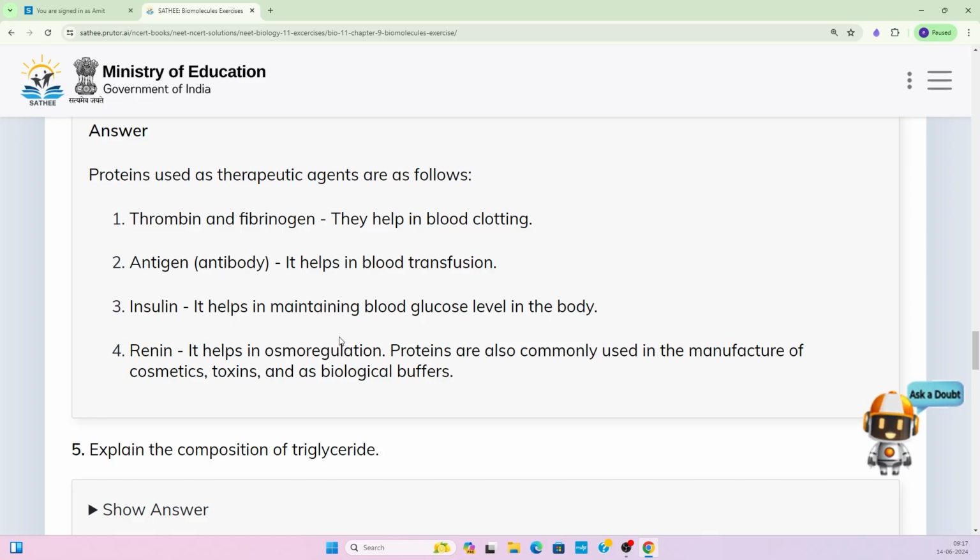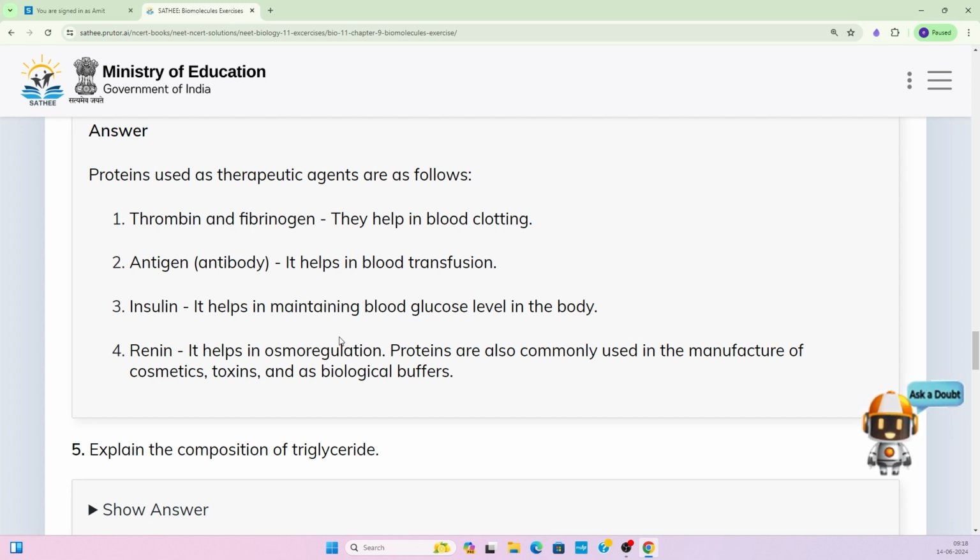It is secreting both types of secretion, hormones as well as enzymes. So it helps to maintain the blood glucose level, because insulin is the hormone that allows the glucose to move inside the cell, and only then the oxidation of the glucose occurs, and then it releases the energy.